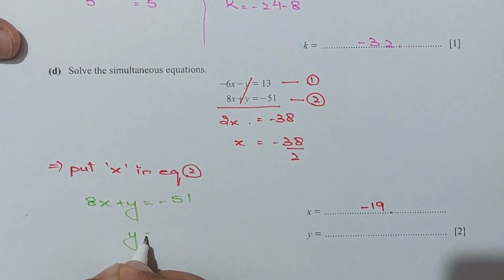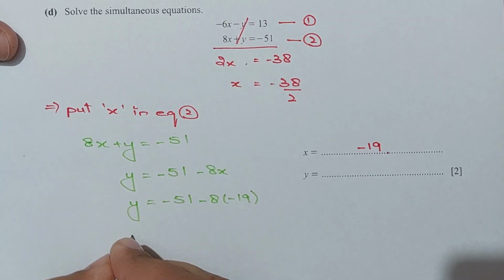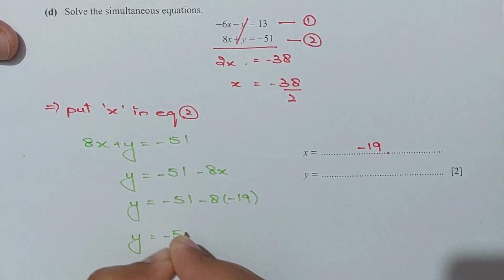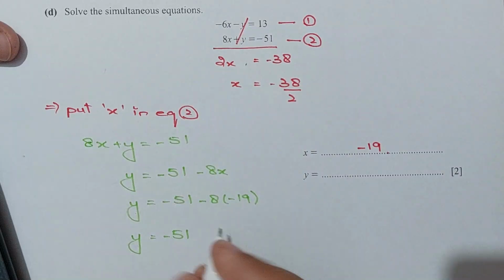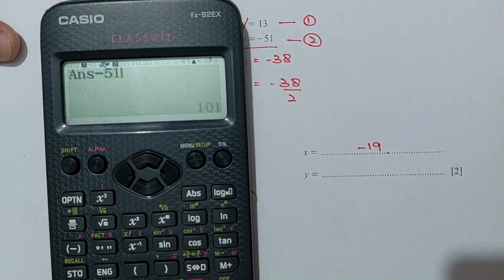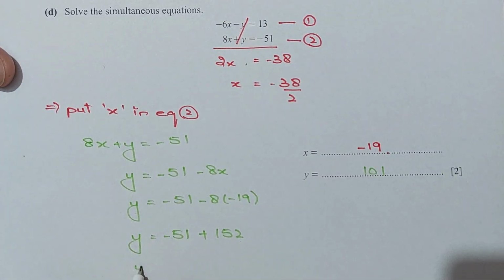What is y? y is minus 51 minus 8x. y is minus 51 minus 8 times minus 19. Minus times minus is plus. So 8 times 19 is 152. And then take away 51 is 101. So the y value is 101.